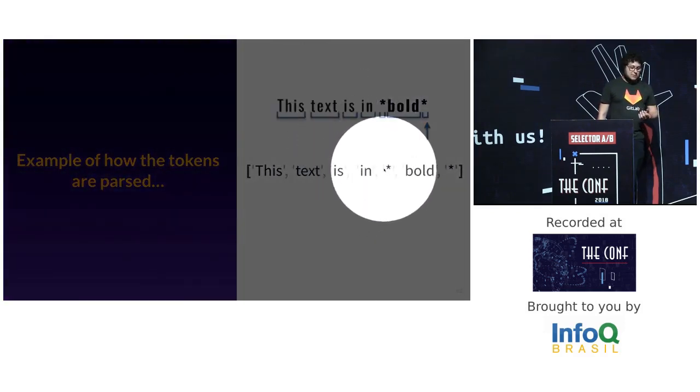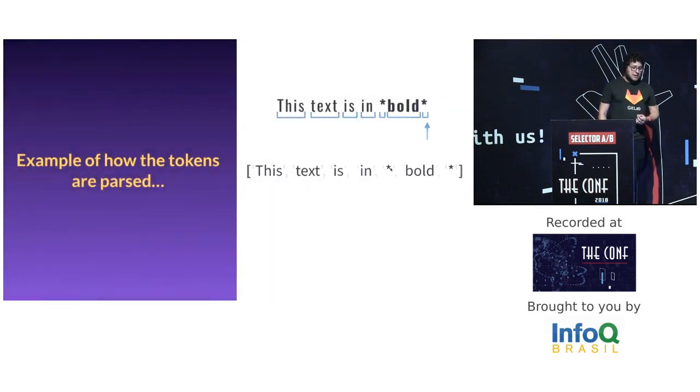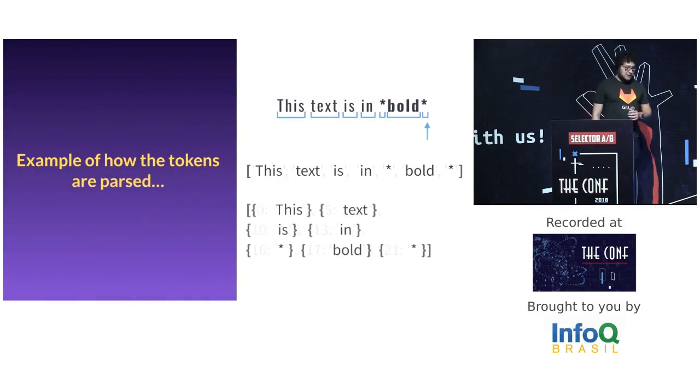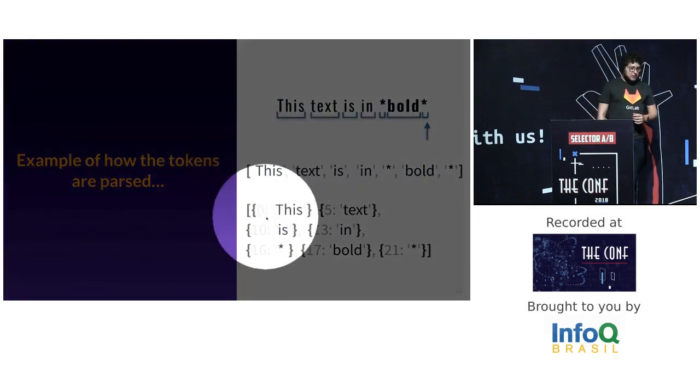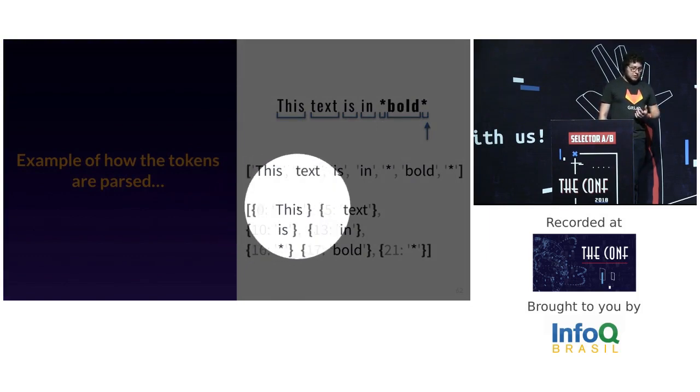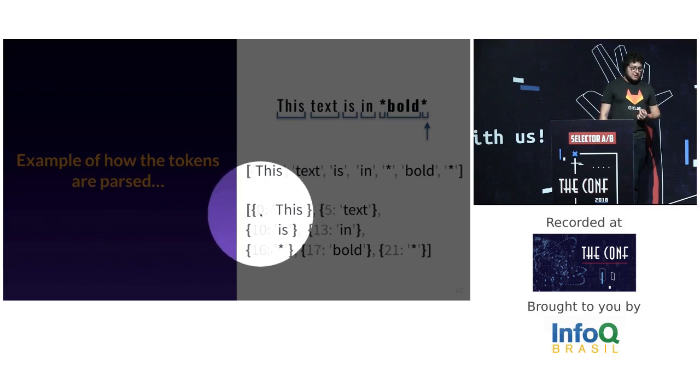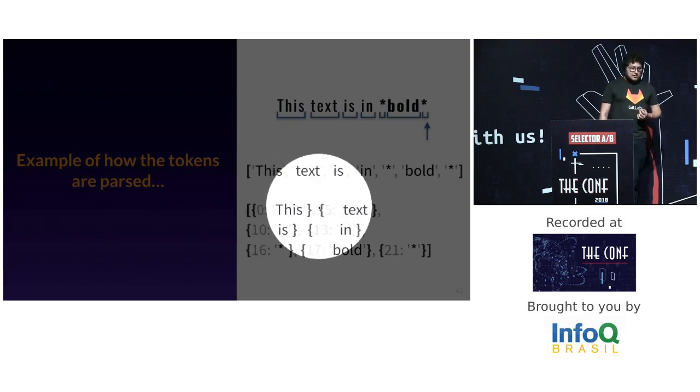This is just a separator, so we will ignore it. And we need to annotate it to form a token. So this is how it looks. For example, here we are annotating it with the position where we found it in the string. The word this is found at the starting point 0. The word text is found at the starting point 5, and so on.